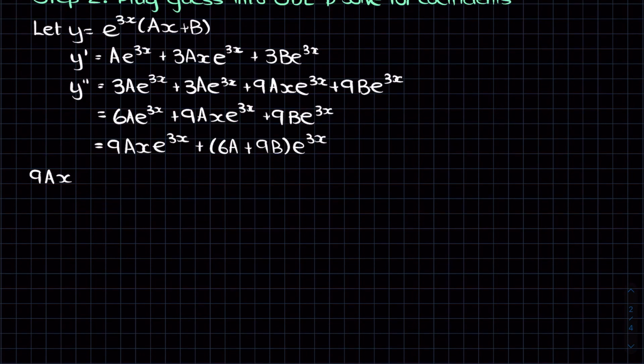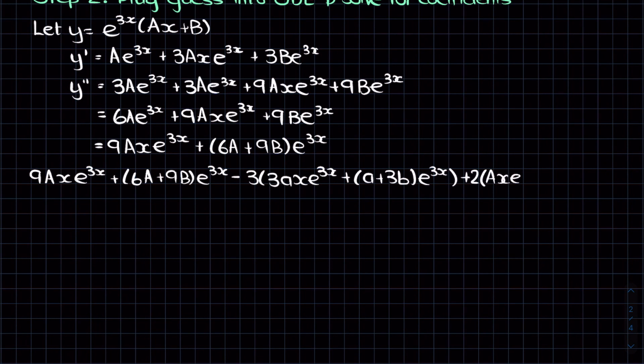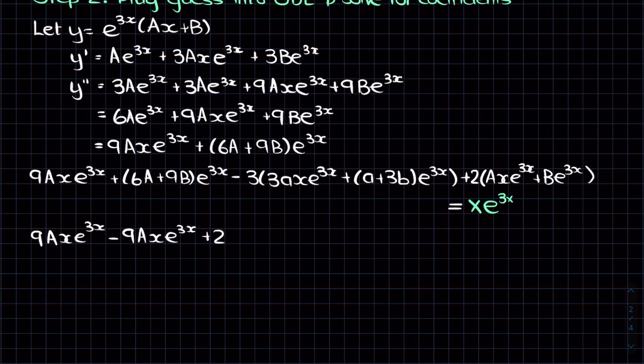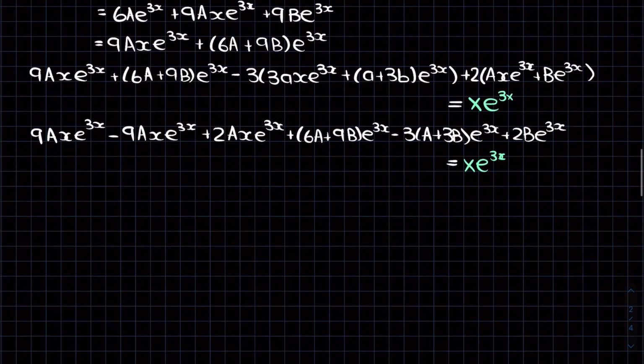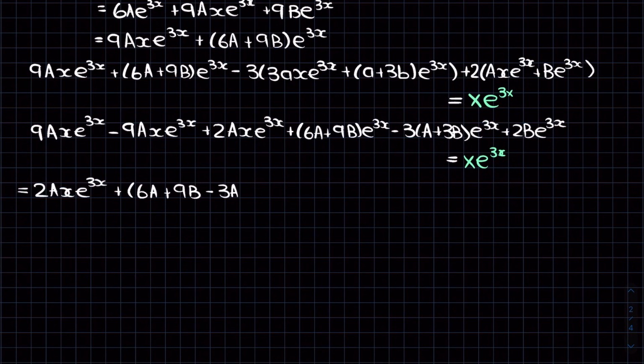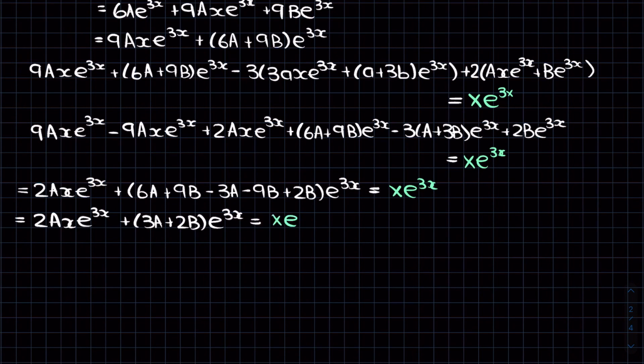Now we can plug in y prime and y double prime into our ODE. Our job is to now split up all the terms that include the exponential and polynomial and the terms that only include the exponential so that we can match the coefficients with the right-hand side of the equation. Now it's just a matter of rearranging and simplifying.